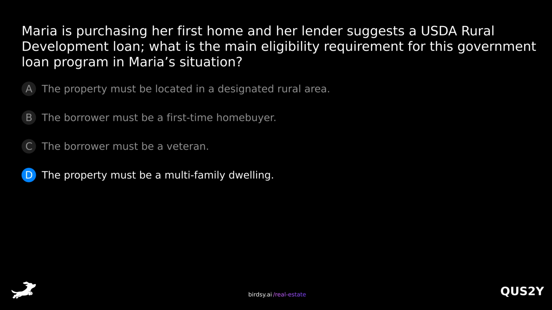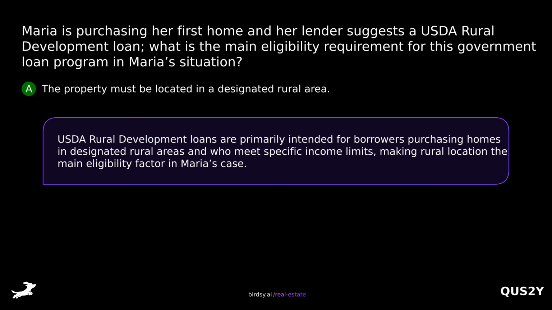Or D, the property must be a multifamily dwelling? The correct answer is A, the property must be located in a designated rural area. USDA rural development loans are primarily intended for borrowers purchasing homes in designated rural areas and who meet specific income limits, making rural location the main eligibility factor in Maria's case.